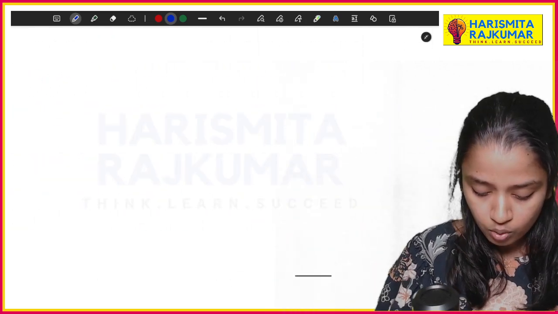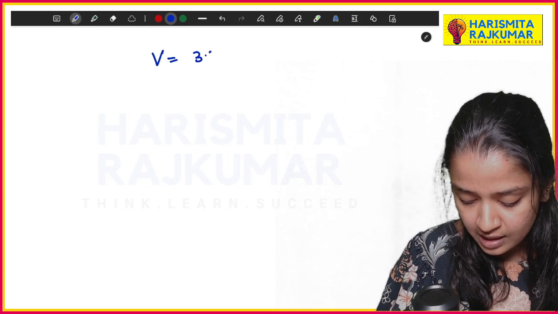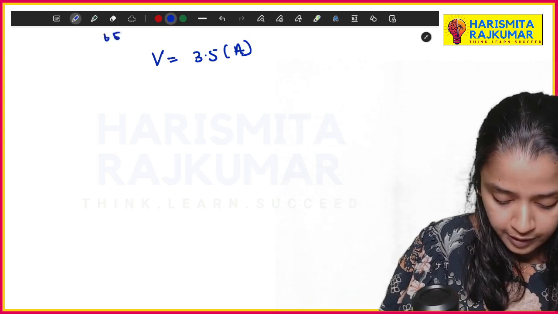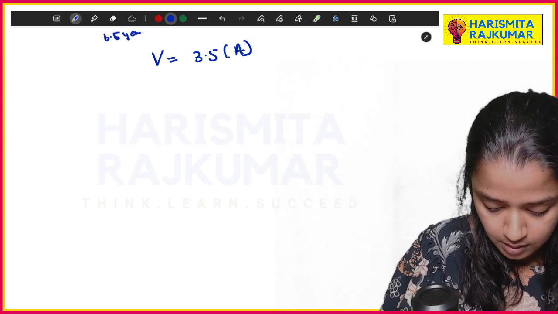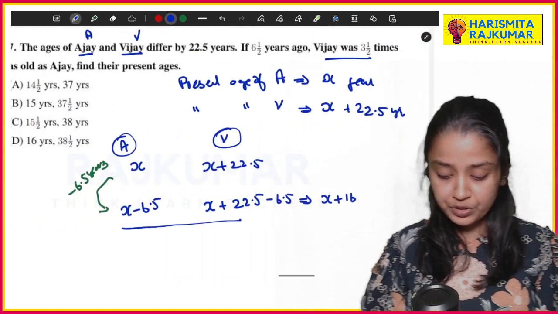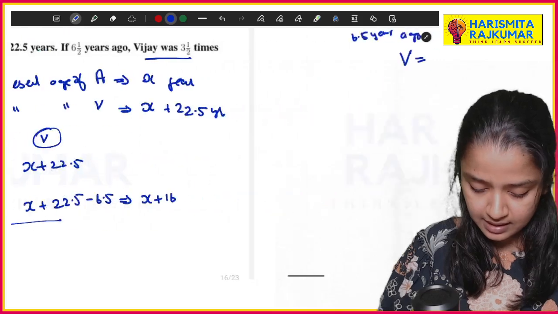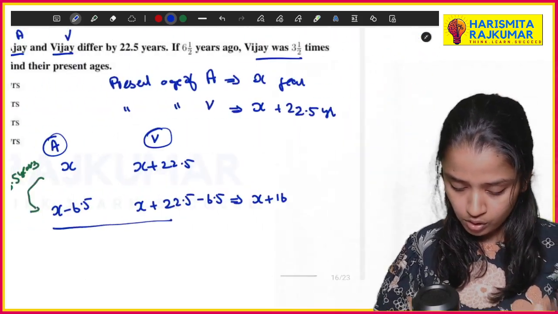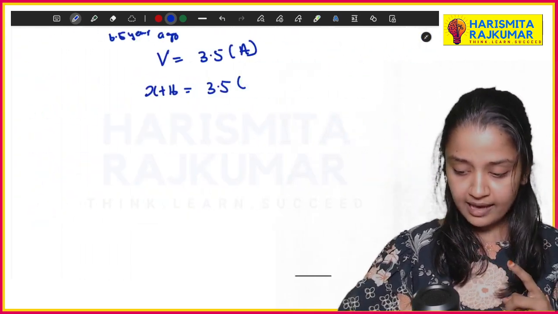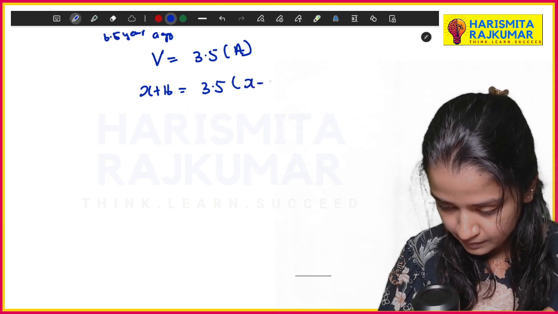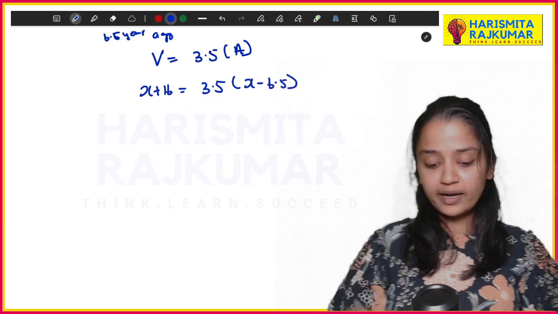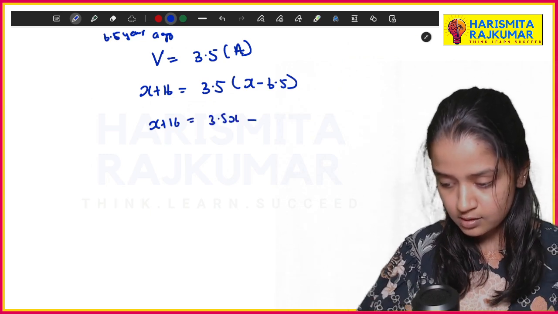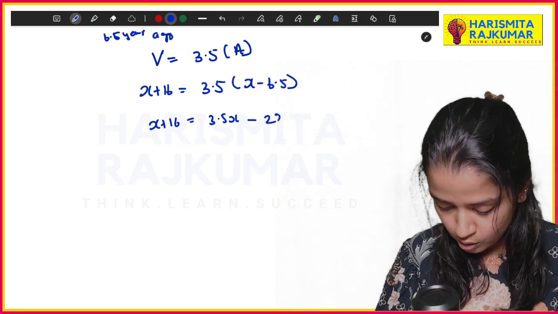So X plus 16 is equal to 3.5 into (X minus 6.5). When I solve it, X plus 16 is equal to 3.5X minus 22.75.